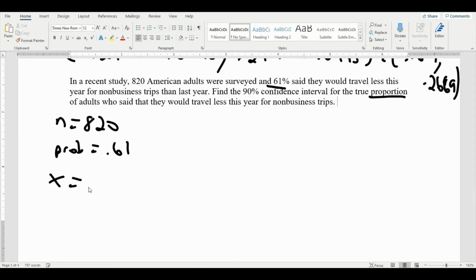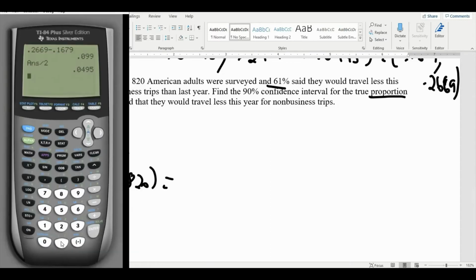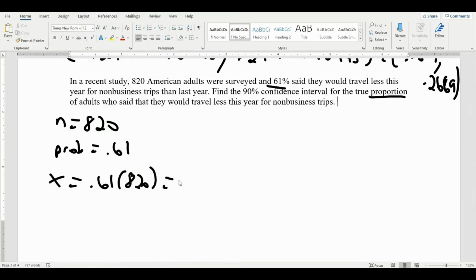The way you find the x is you take 0.61 of 820. Got that? That's just basic math with percents. 61% of 820 is 500.2. Yeah, I know you can't have a 500.2, but I just use it anyway. We will have a confidence level of 90%, which is the same thing as 0.90.